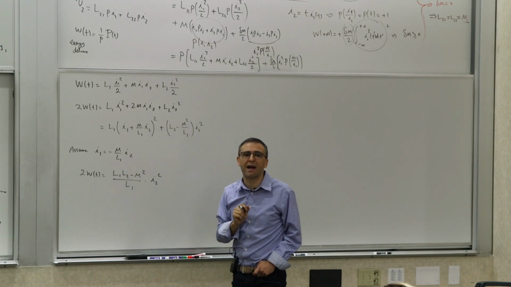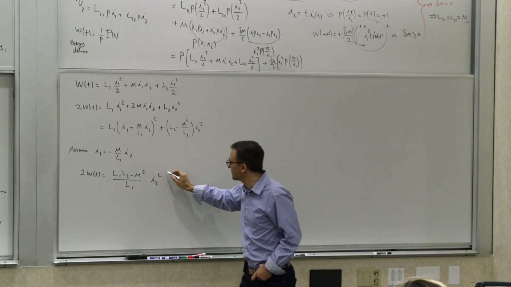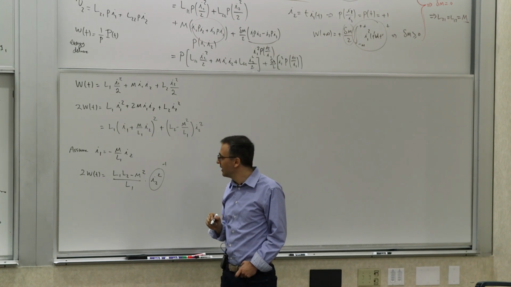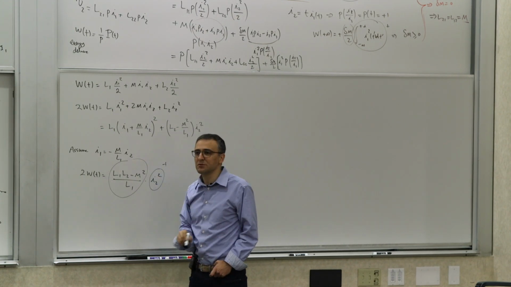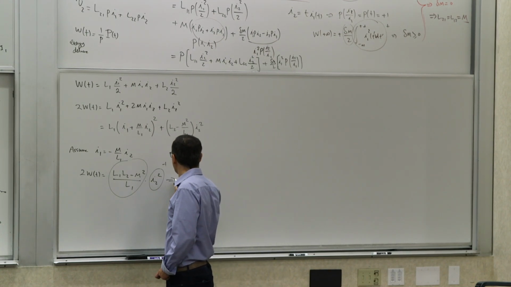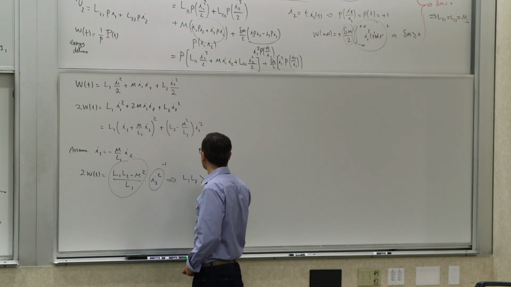But again, we know this is passive. What does that mean? This is non-negative, positive or 0. So it means that L1 L2 must be greater than or equal to m squared.